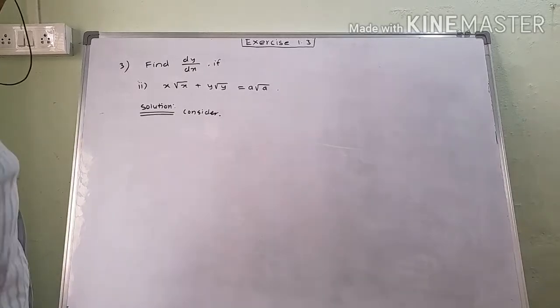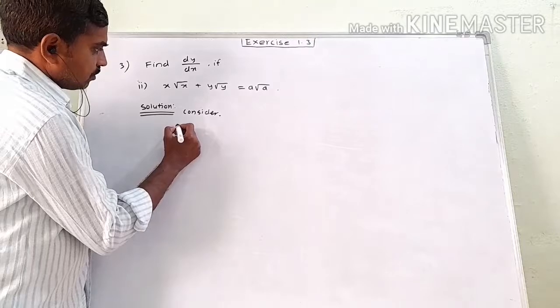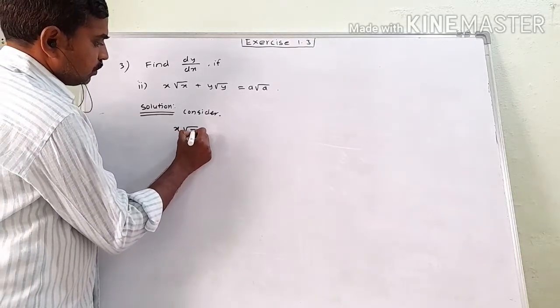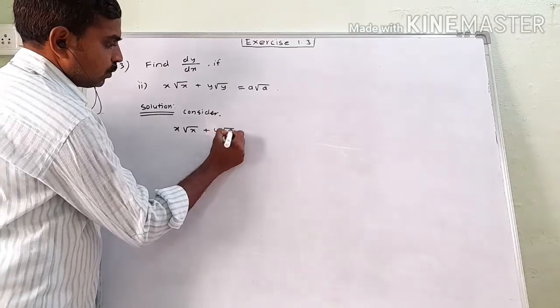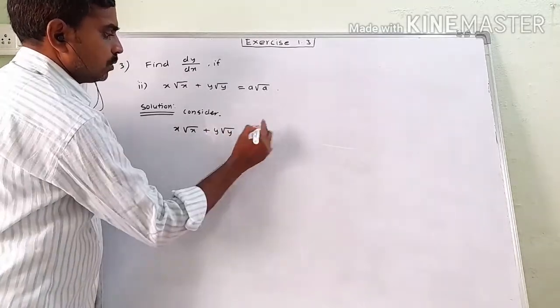In a similar manner, we will solve the second example. First of all, we consider the given equation x into root x plus y into root y equal to a into root a.